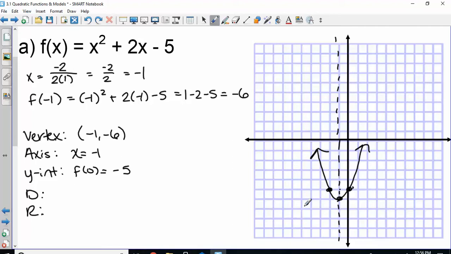No, because we didn't use transformations to get there. We just used our vertex formula. Alright, so domain. Every single quadratic, that domain will be the same. My range, my graph starts down here at negative 6, so that's a bracket on my negative 6, and goes up forever. So negative 6 to infinity.